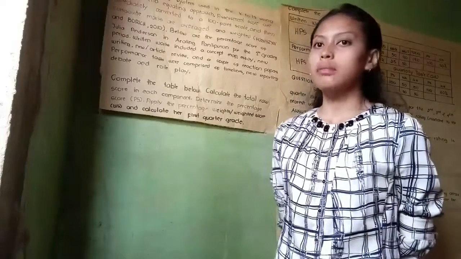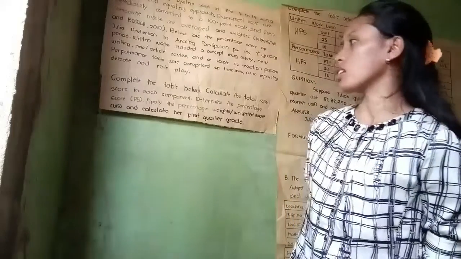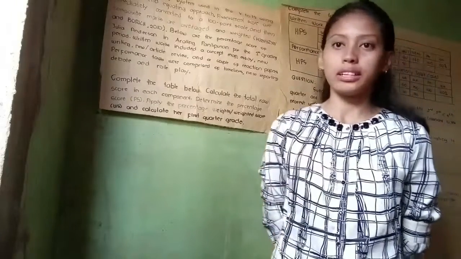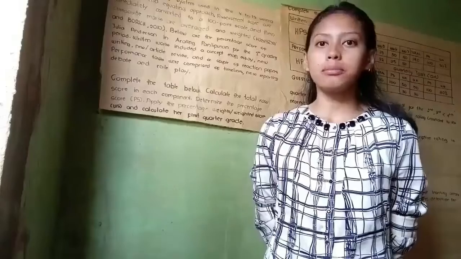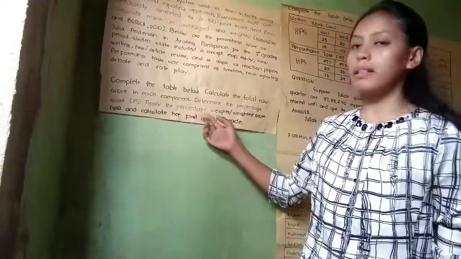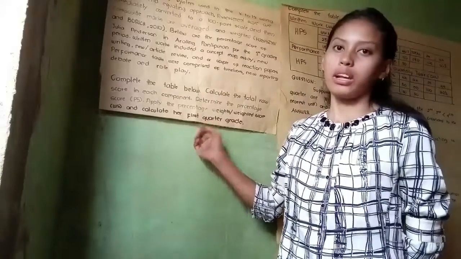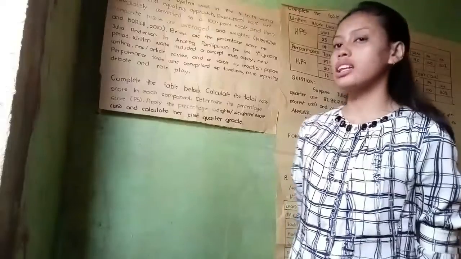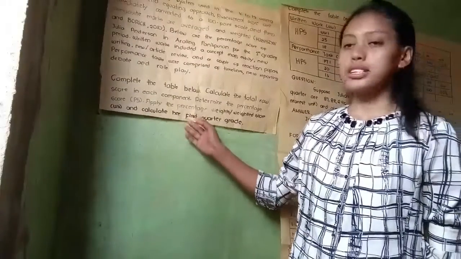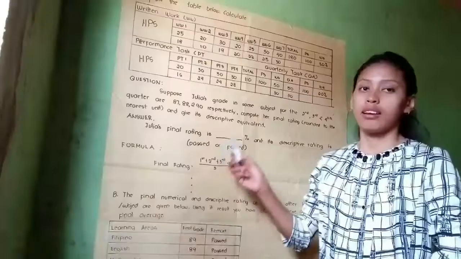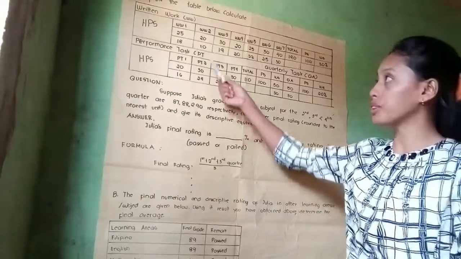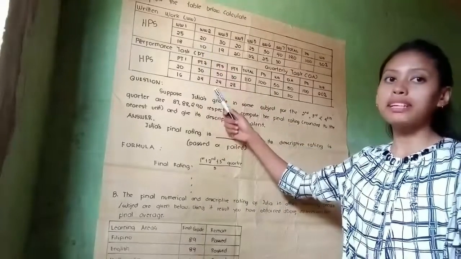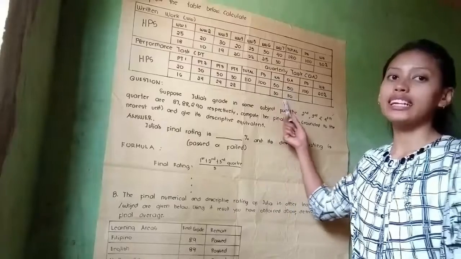So, complete the table below. Calculate the total raw score in each component. Determine the percentage score. Apply the percentage weight and weighted score and calculate the first quarter grade. This is the table for the written work, performance test, and the quarterly test.